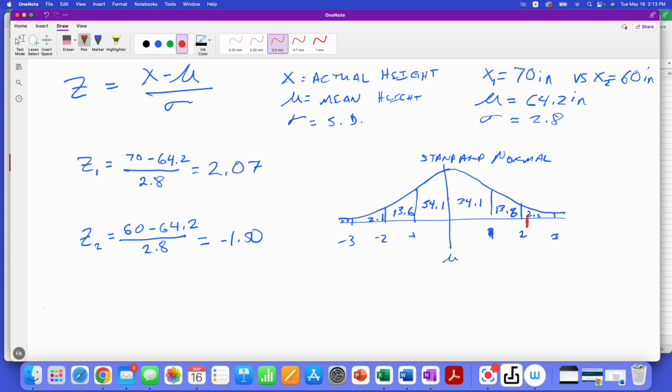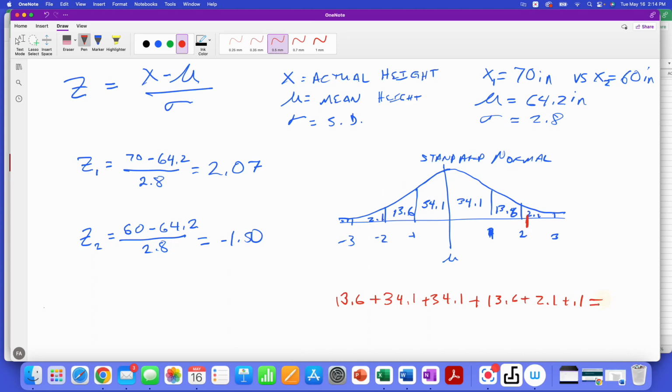So how much of the data is that? Now we can be very exact about this in the coming sections, but right now we can approximate it. We have 13.6 plus 34.1 plus 34.1 plus 13.6 plus 2.1 plus 0.1.